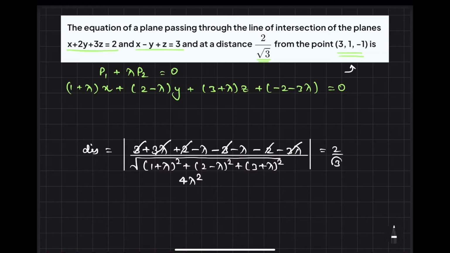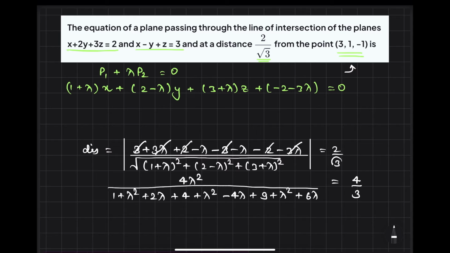Okay, now let's do the denominator square. So it is a square plus b square plus 2 lambda, a square plus b square minus 2 lambda, a square plus b square plus 2ab, and then 4 by 3.